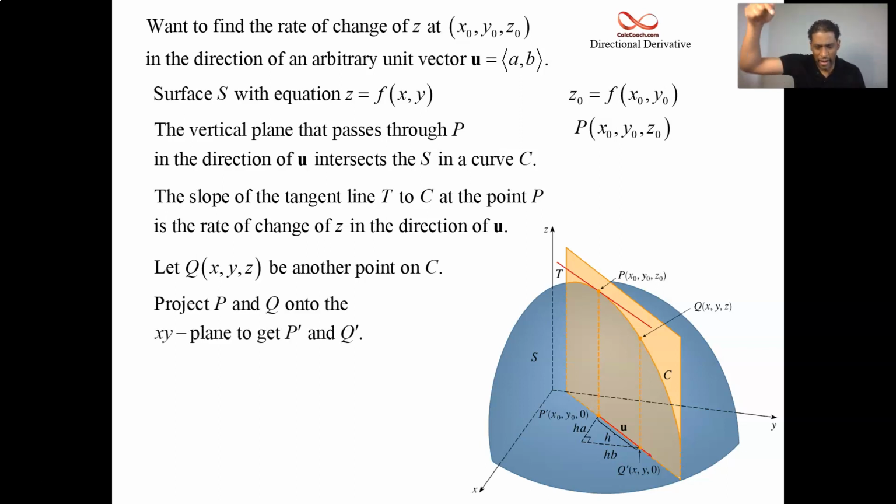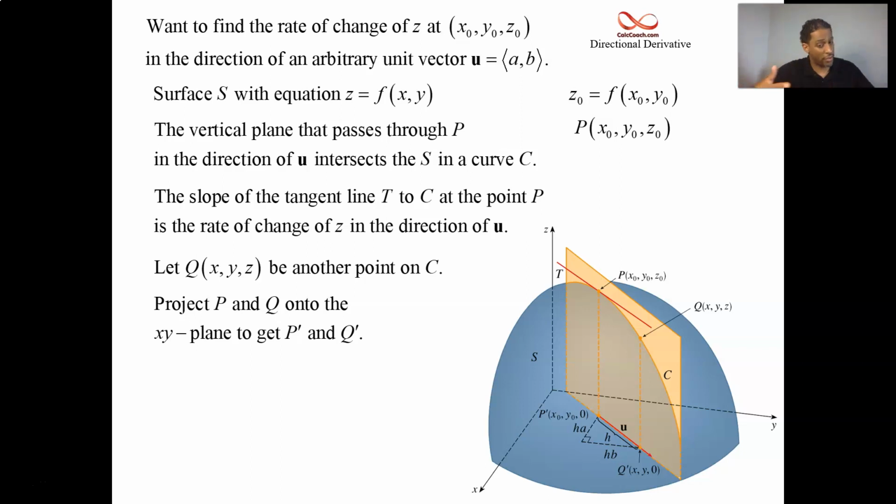We project down onto the XY plane. So the point P projected down is called P prime. The point Q projected down is called Q prime. And what's going on there is that when you're projecting down, you're letting the z coordinate be 0. So the point P prime is at x naught, y naught, 0. And the point Q prime is at x, y, 0.